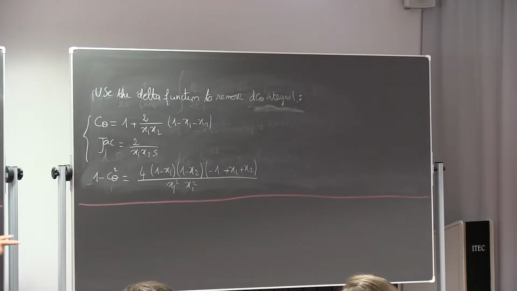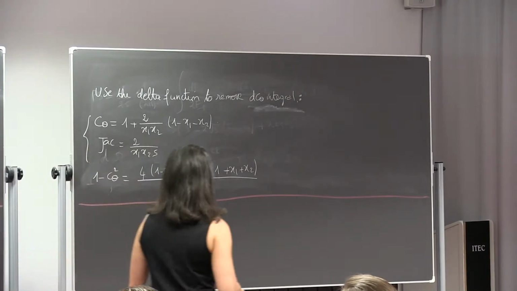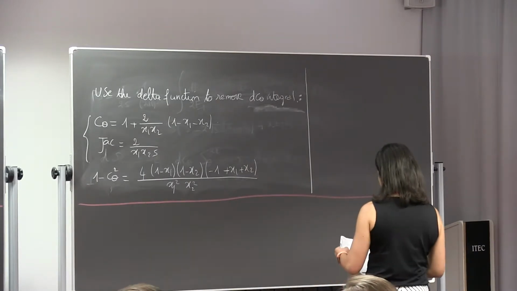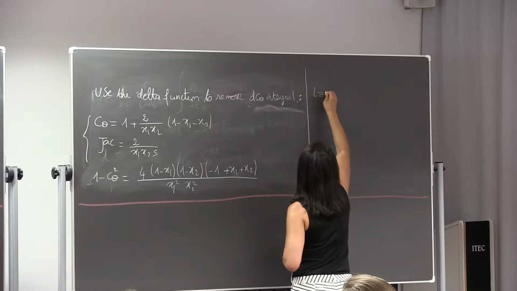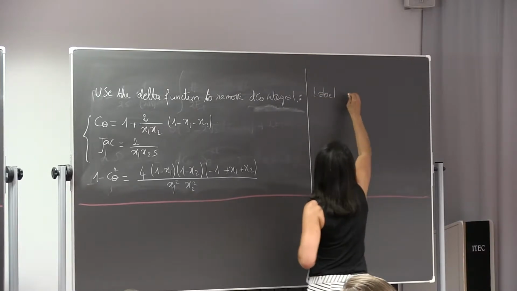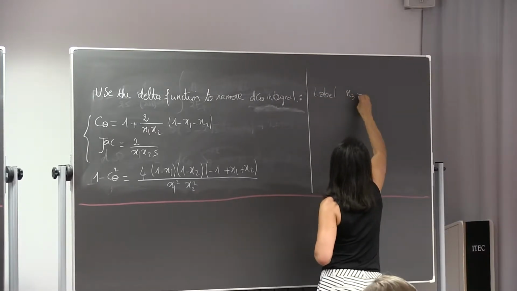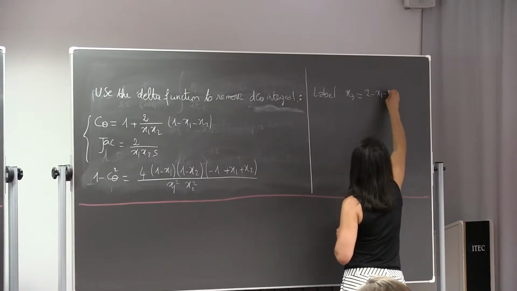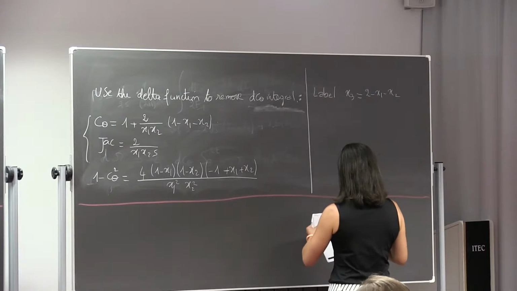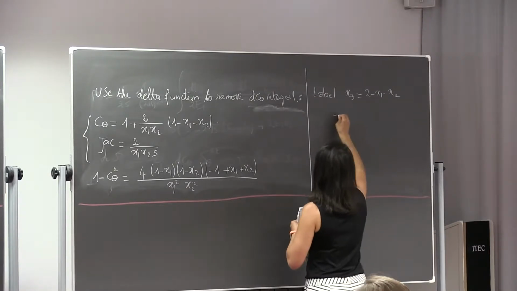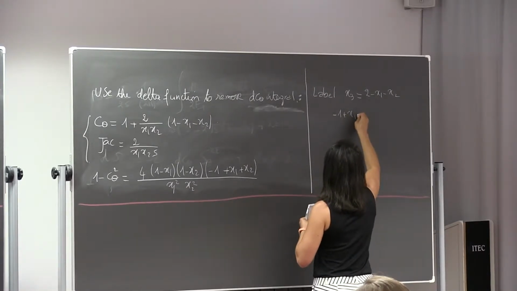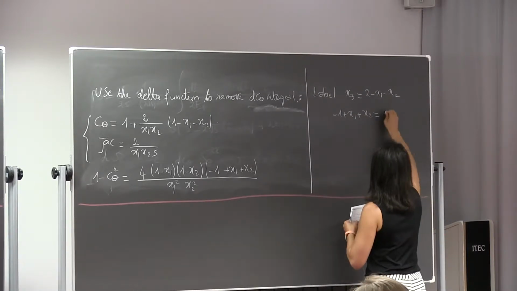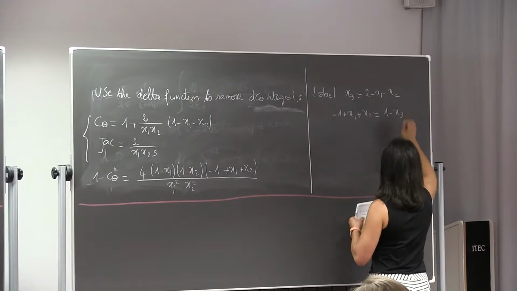You will see why we are doing all of this later. So the minus 1 plus x1 plus x2, when I use this definition of x3, becomes just 1 minus x3.